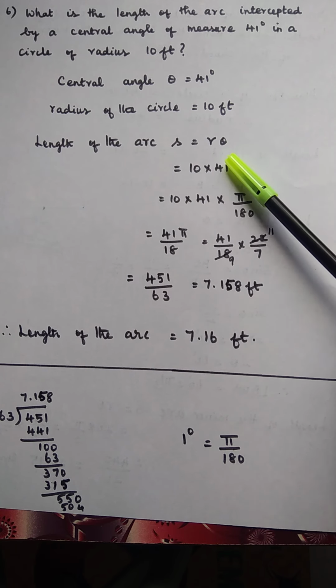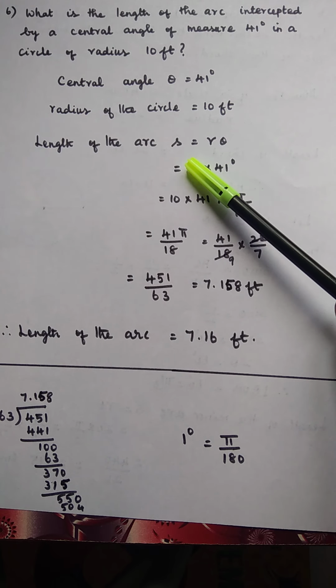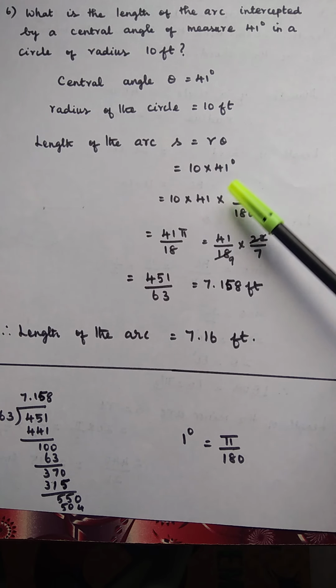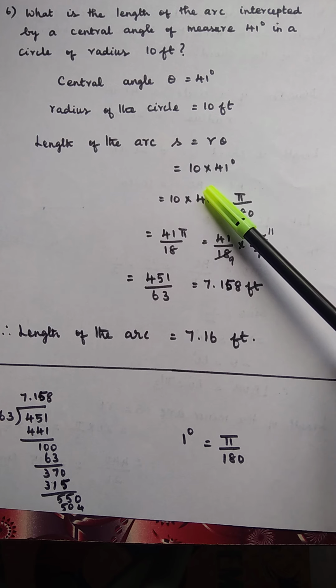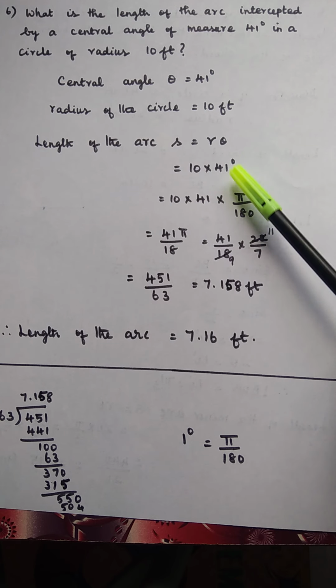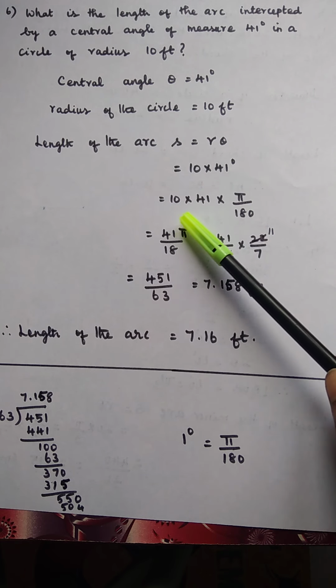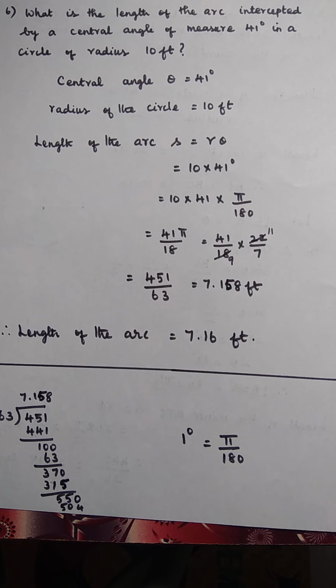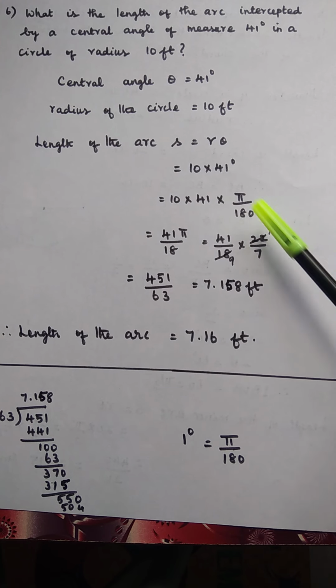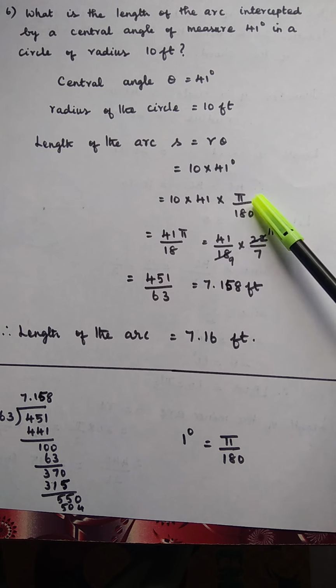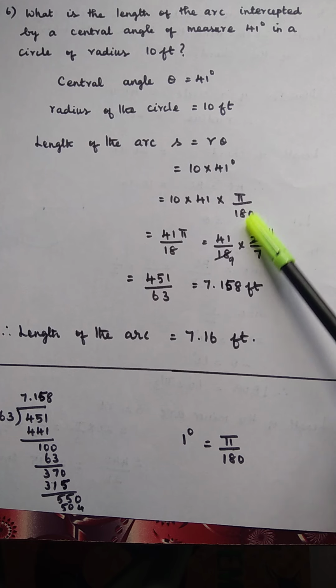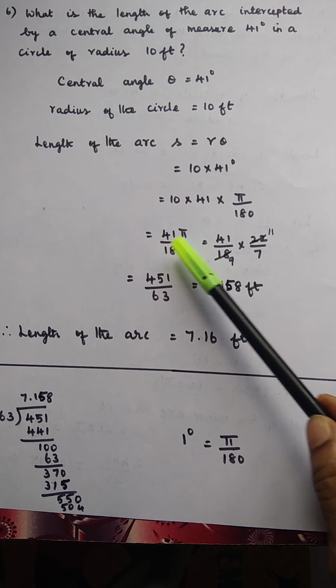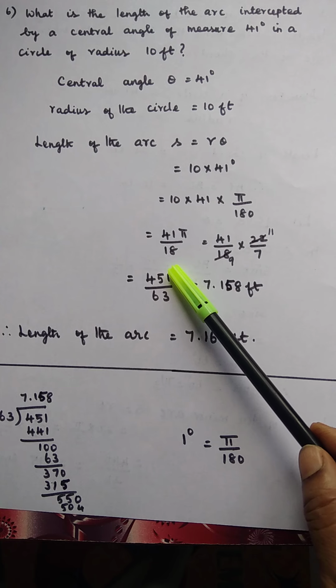To find the length of the arc, we know the formula S is equal to R into theta. 10 into 41 degree. So we have to convert degree to radian. 1 degree is pi by 180. So 41 degree is 41 into pi by 180. Zeros can be cancelled. So 41 pi by 18.